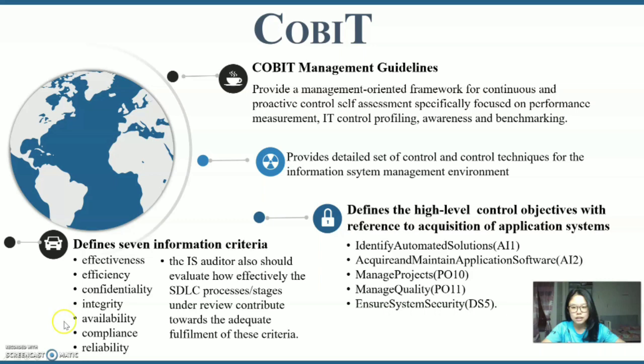And lastly, these are the 7 information criteria that must be fulfilled by the application system that the organization is going to implement, which are effectiveness, efficiency, confidentiality, integrity, availability, compliance, and reliability. The IS auditor should also evaluate how effectively the SDLC process stages under review contribute towards the adequate fulfillment of these criteria.